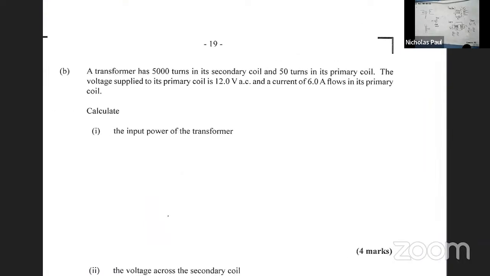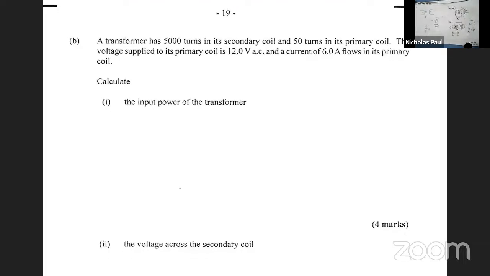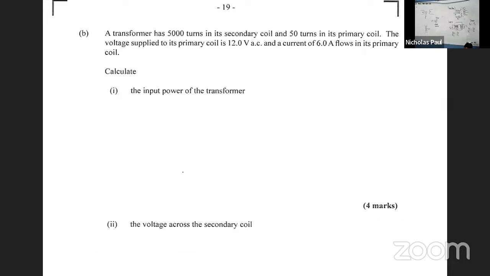Next part. A transformer has 5,000 turns in the secondary, sorry, and 50 in the primary. And they gave you the voltage supply to its primary as 12 and the current is 6. Find the power.